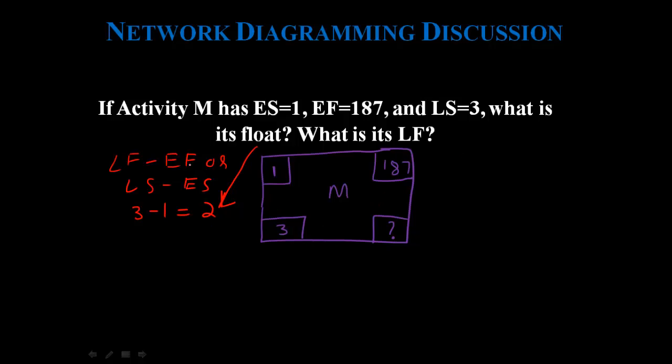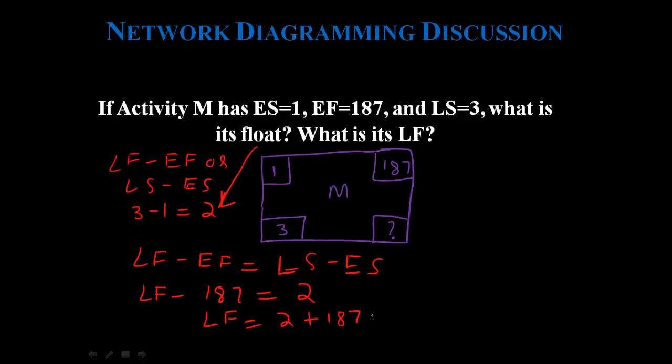Again, LF minus EF is equal to LS minus ES. Both of them are giving the same thing to us. So LF, we don't know what is LF. EF is given to us 187. LS minus ES, we have already calculated, which is 2. So LF is 2 plus 187 is equal to 189.